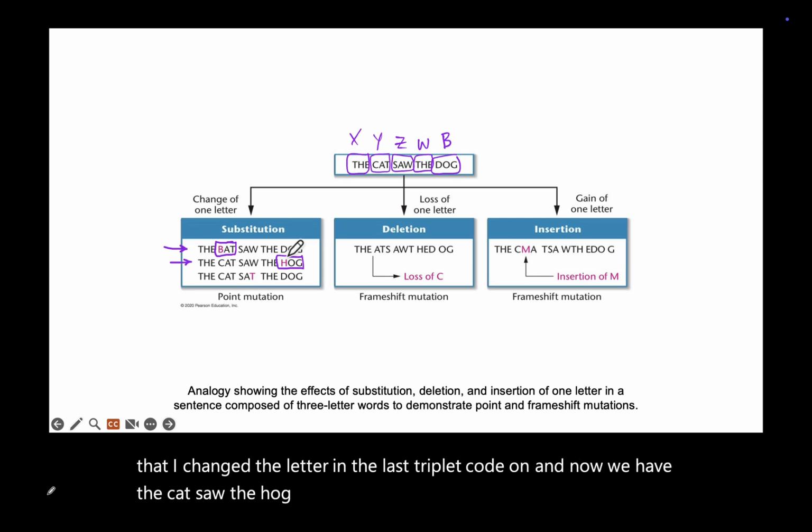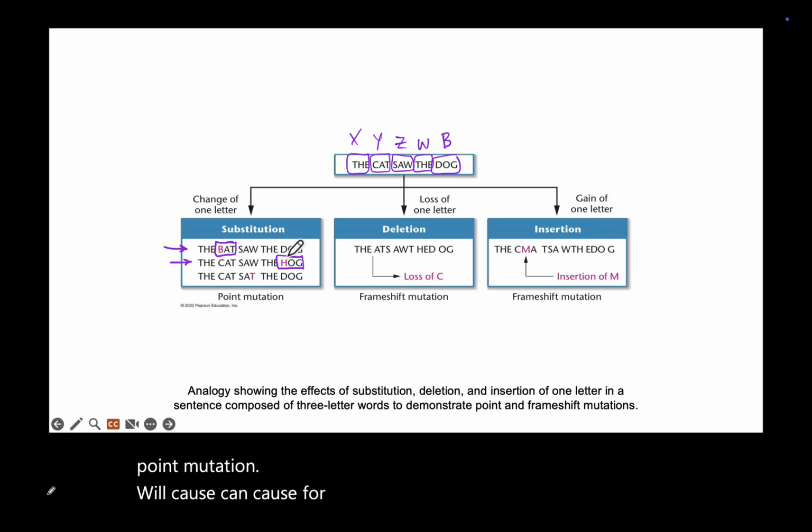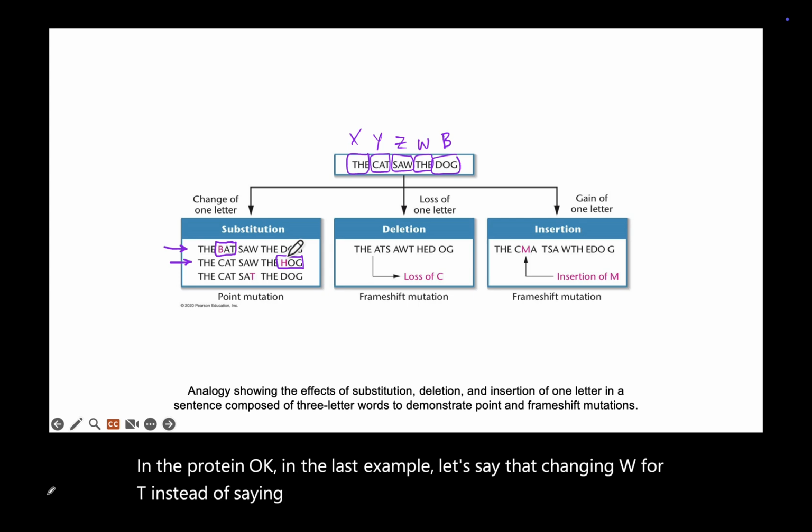Here, again, the change in one letter, known as point mutation, can cause, for instance, the change in the protein. Okay? In the last example, let's say that changing W for T, instead of saying saw, we say the cat sat. Here, we are adding a stop codon.